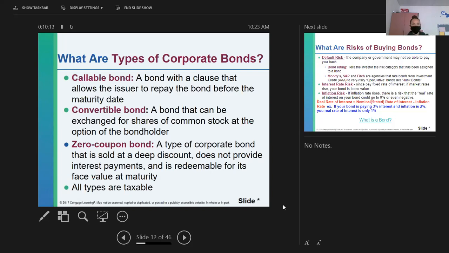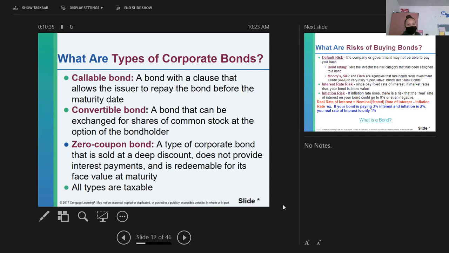Remember, stocks are riskier than bonds. Some investors really like convertible bonds. They find them attractive because it gives them more flexibility, right? They can choose to turn this into stock, or they can choose to just exchange the bond for face value when the time is up.